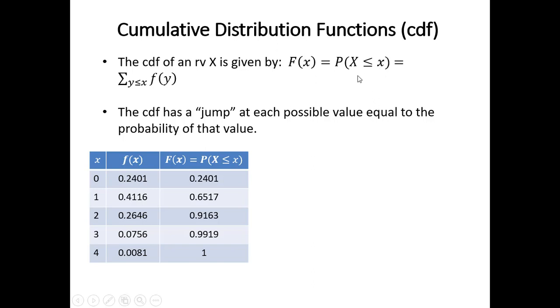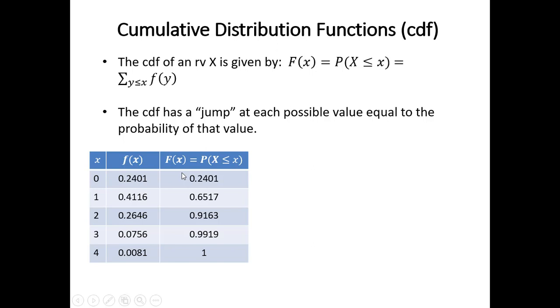Okay, so an example might be, suppose I have a random variable X. It could take on these 5 values, 0, 1, 2, 3, 4. These are the probabilities. Okay, so this would be my PMF, my probability mass function.